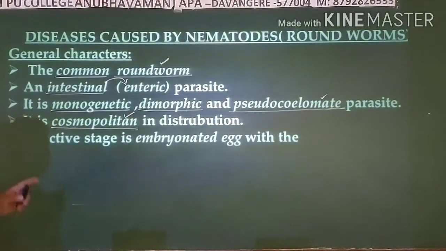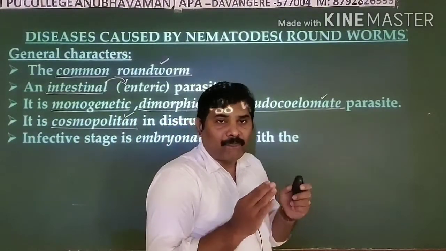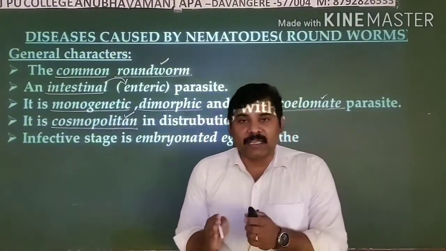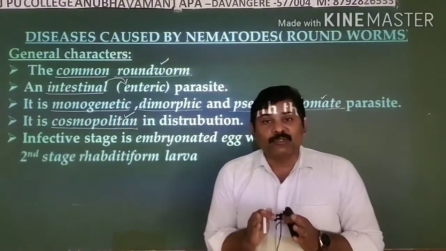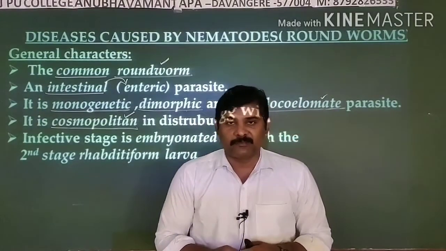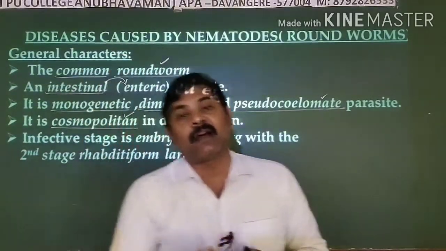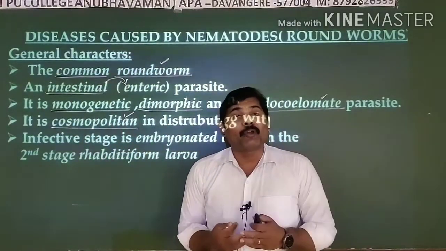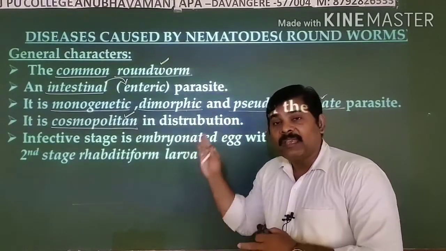The next one is the infective stage of this parasite. As you know, every parasite in its life cycle, at a particular stage, infects the human being, and that is known as its infective stage. In the same way, we studied the infective stage of malaria, amoebiasis, and filariasis.